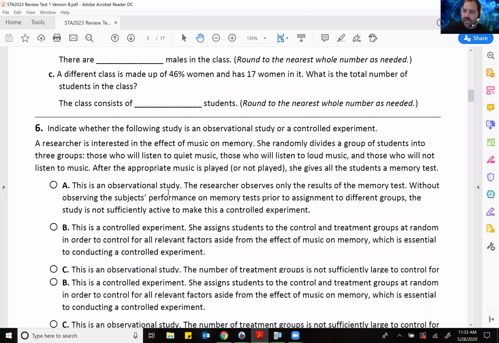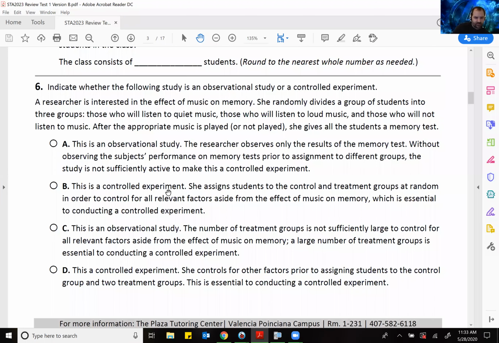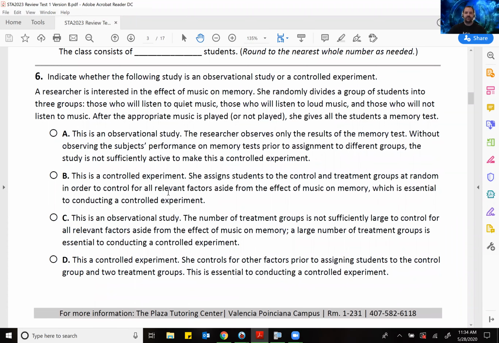All right. So number 6, this is the last question from chapter 1. So 1 through 6, all chapter 1. It says, indicate whether the following study is an observational study or a controlled experiment. A researcher is interested in the effects of music on memory.